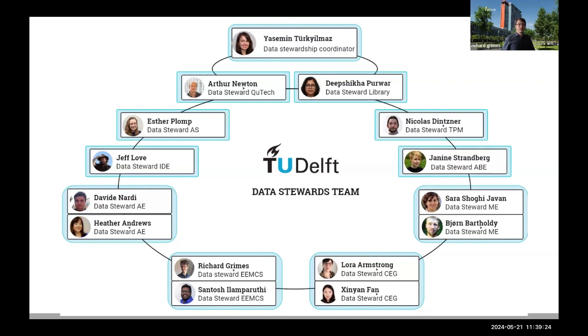So our TU Delft template, we've negotiated with the research funding institutions that we can use our template in place of theirs. So if you're submitting a proposal to NWO or any of the big funders, you can use our template instead. 35 questions does sound like a lot.